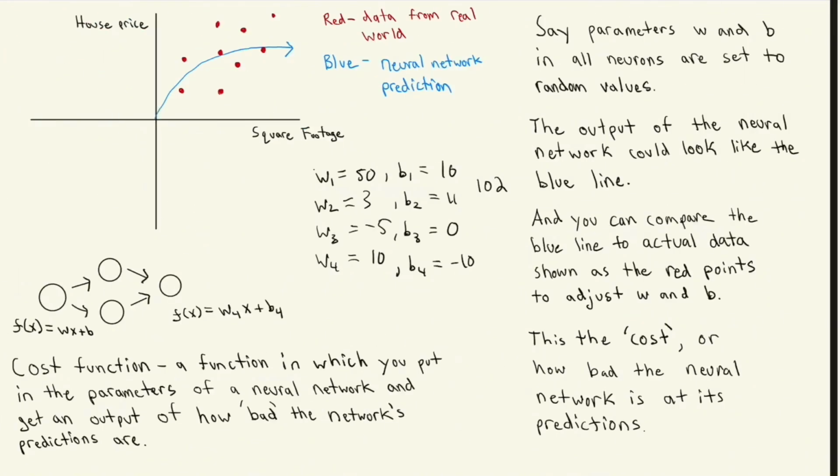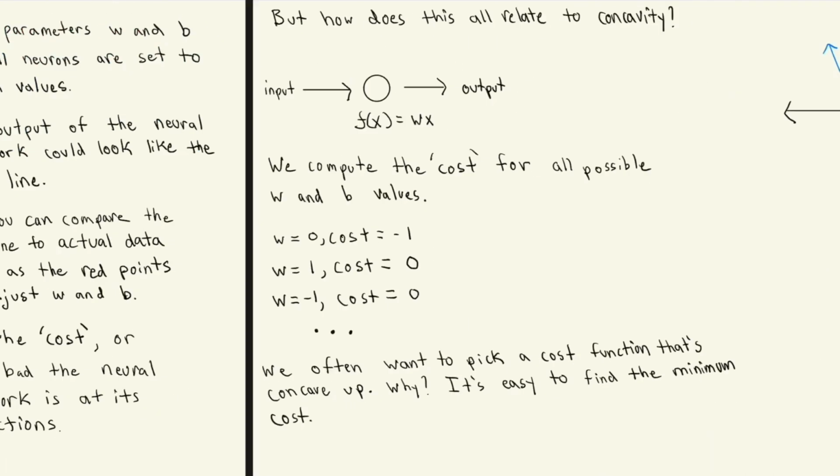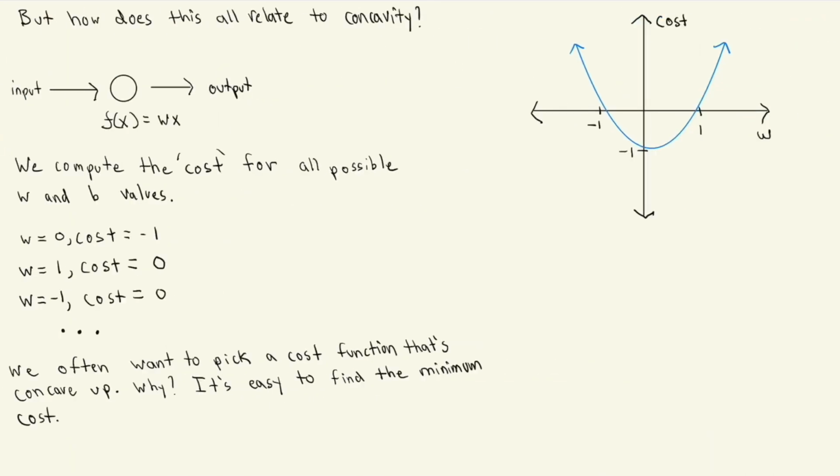And again, just to review, the cost is when you're comparing the actual real world data to the neural network's predictions, it's just the distance from those real data points to the predicted values, all added up for all these data points like we talked about. We add up that distance for all of them, and that gives us an idea of how bad the neural network is at predicting things.